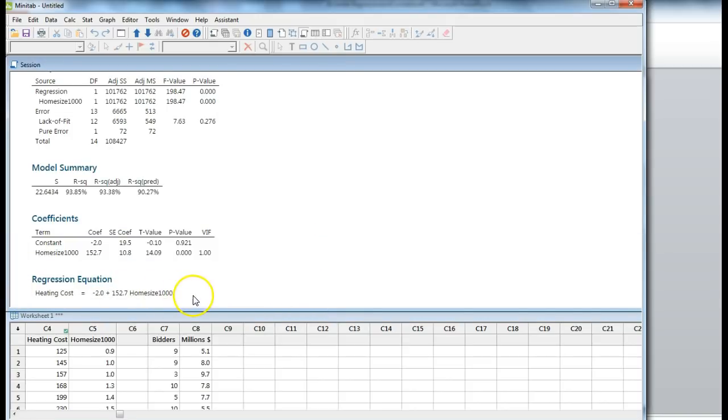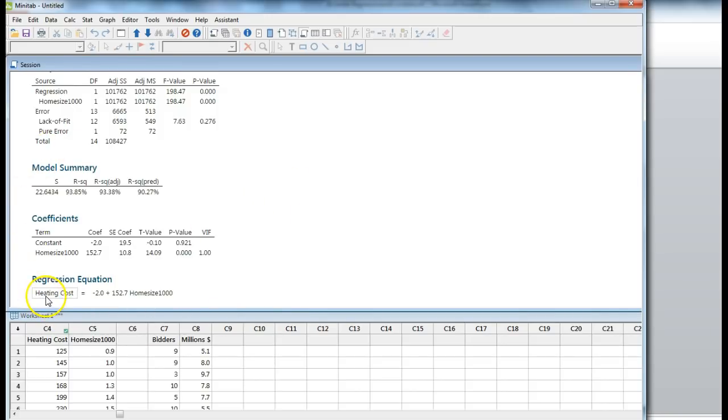So here's my regression equation. This is the coefficient, so we have my coefficient, a t computed, and a p-value for that coefficient. We'll be looking at this important metric, the coefficient of determination. Later we'll be using this analysis of variance table. But you can see the model summary.